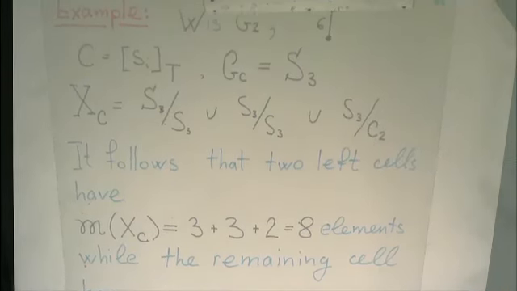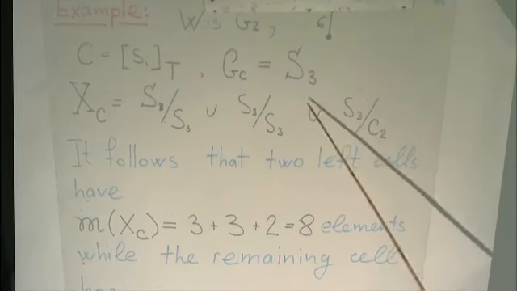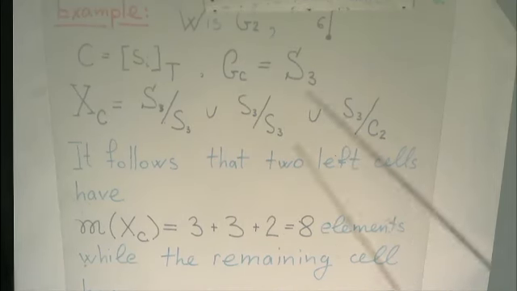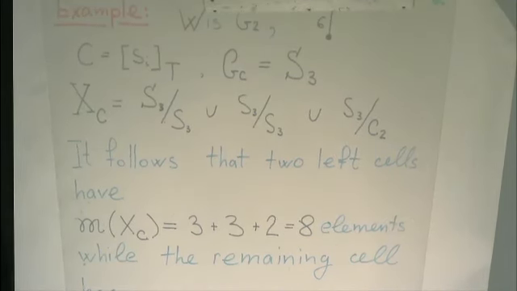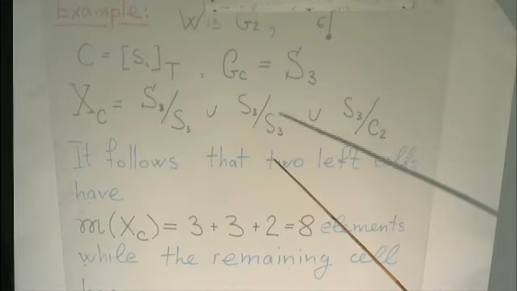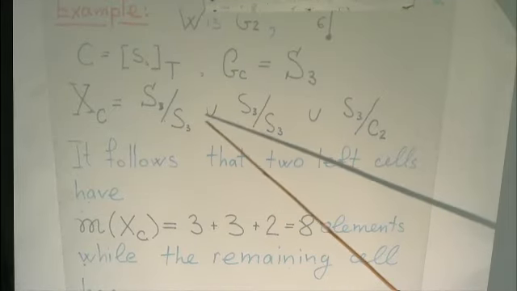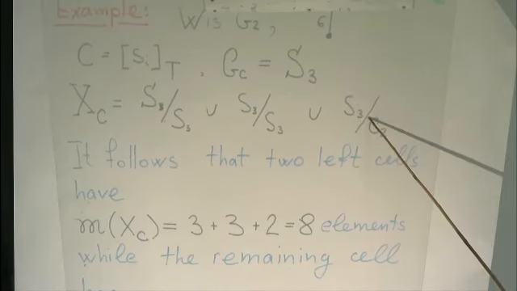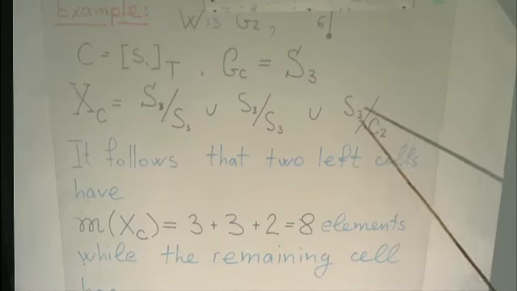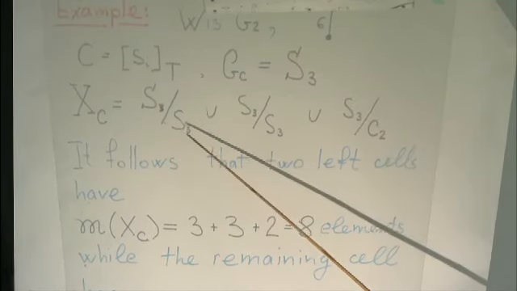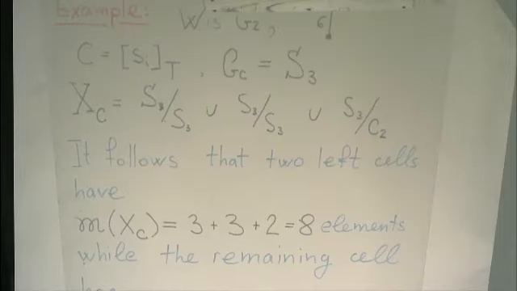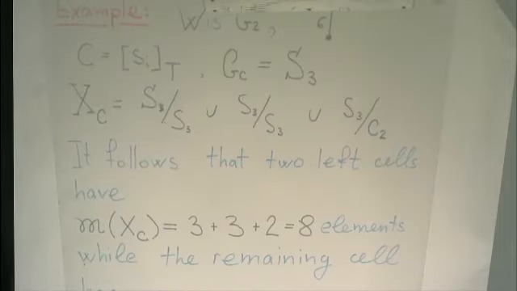And in particular, using these base sets, you can look at the left cells. So we know that you have to multiply XC with one of these. The number of elements in the left cell you'll get by multiplying XC and computing the Euler characteristic.